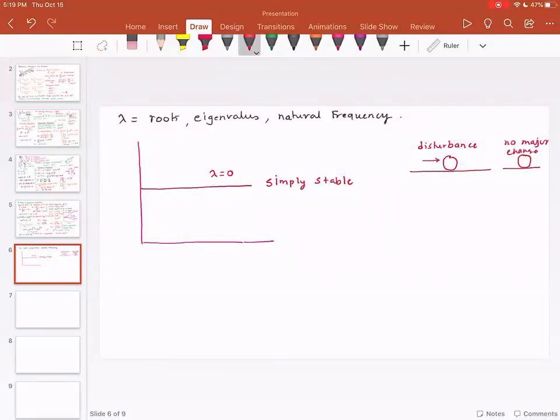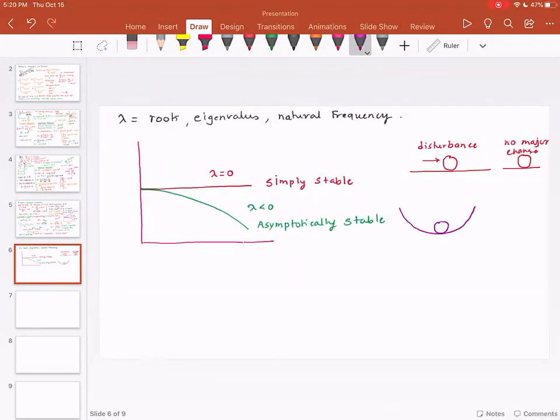Now let's look at the other case when lambda is less than 0. In that case, the system is called asymptotically stable. I want you to remember this example. You have a bowl and the ball is inside the bowl.